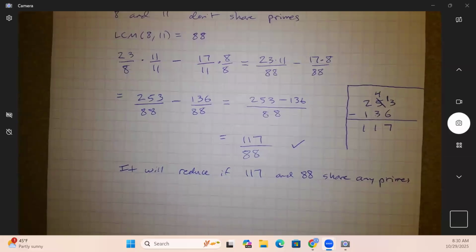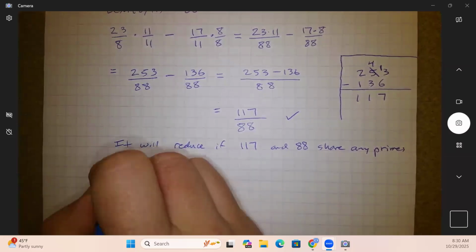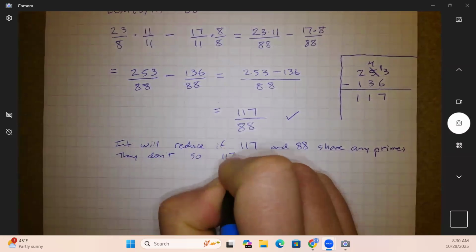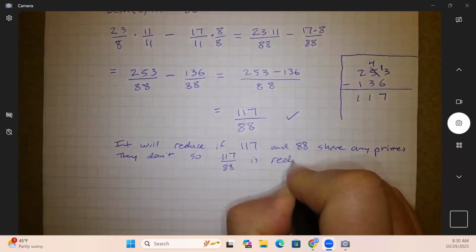And if I weren't doing the review, I'd go through this in more detail, but I tell you they don't share any primes. So 117 over 88 is already reduced.